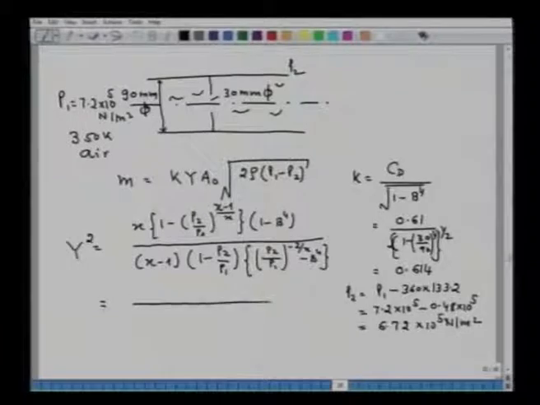You know kappa is the isentropic exponent, which is 1.4 for all diatomic gases.